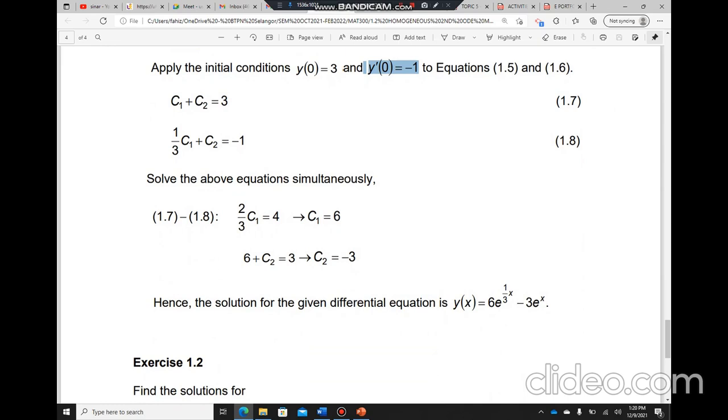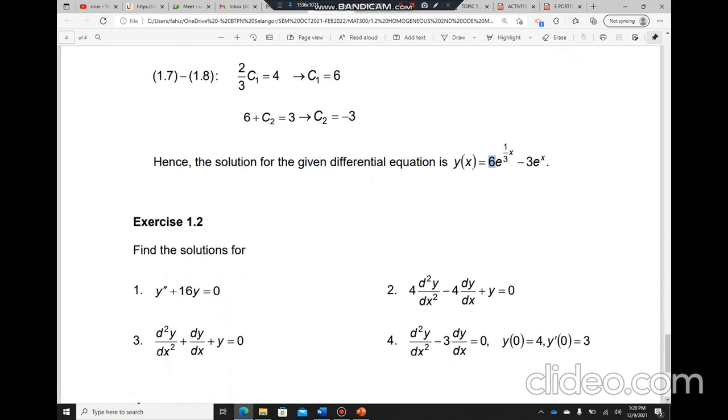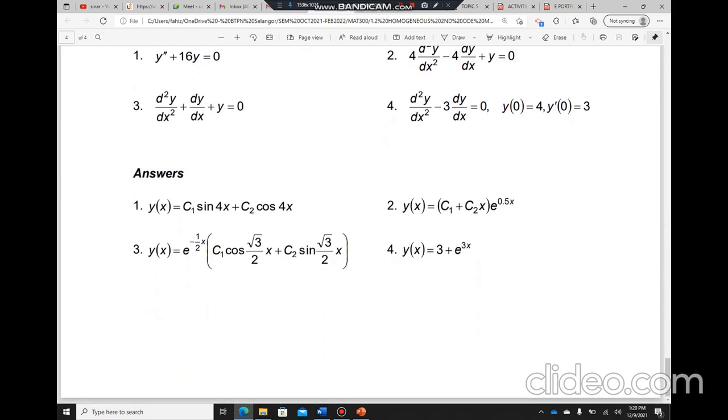Okay, then masukkan balik dalam y. Gantilah, boleh ganti kat sini. C1 equals to 6 and C2 equals to negative 3. Okay, so you can complete exercise 1.2 here, find the solution, and then this is the answer. Senang je yang ni sebenarnya.